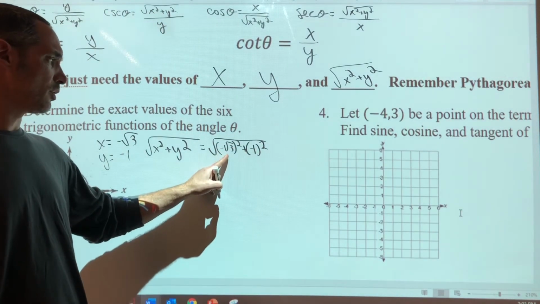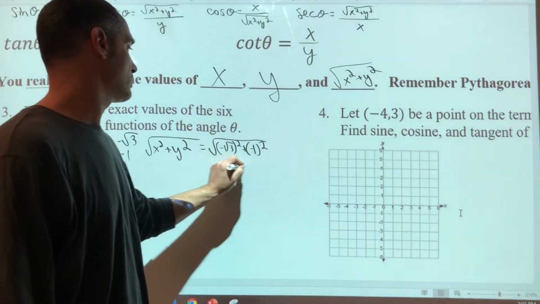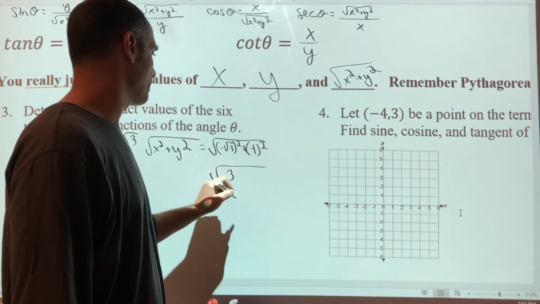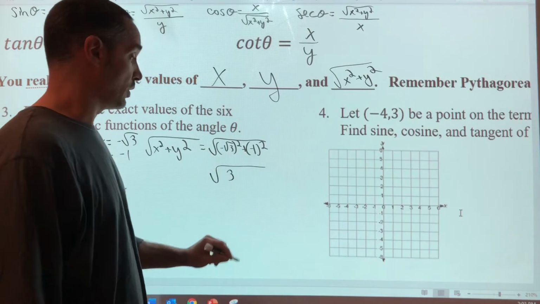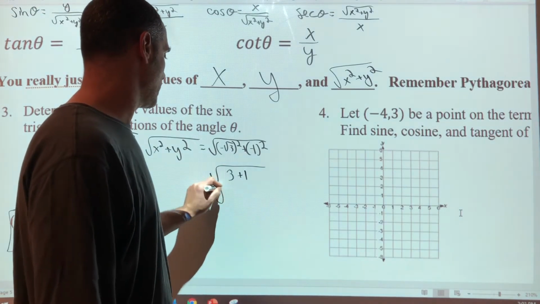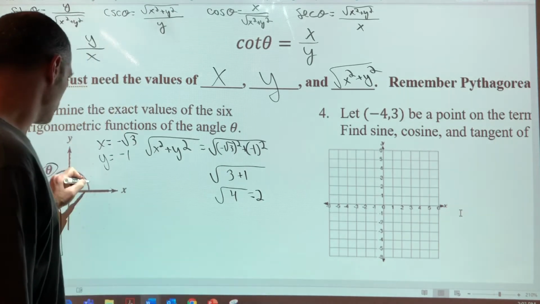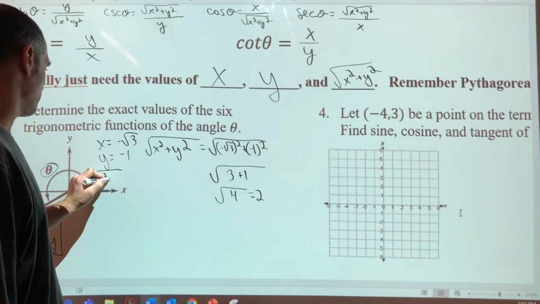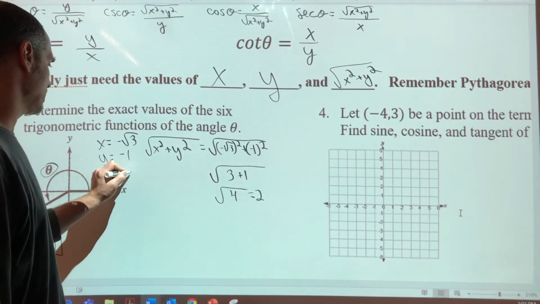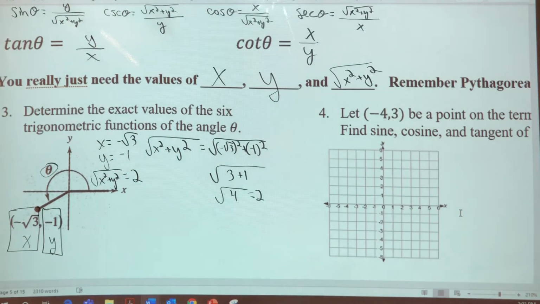And (-√3) squared is 3. (-1) squared is 1, and so I get the square root of 4, which is 2. So the square root of x squared plus y squared, in this case, is equal to 2.